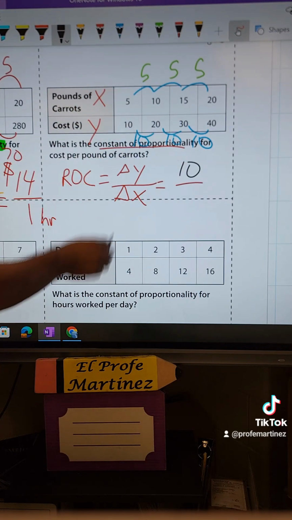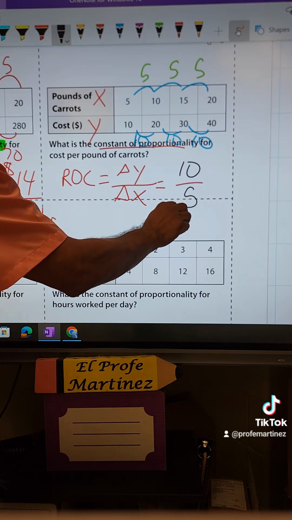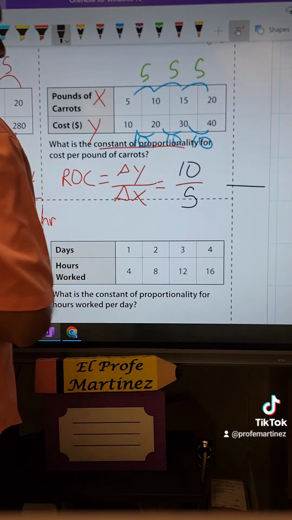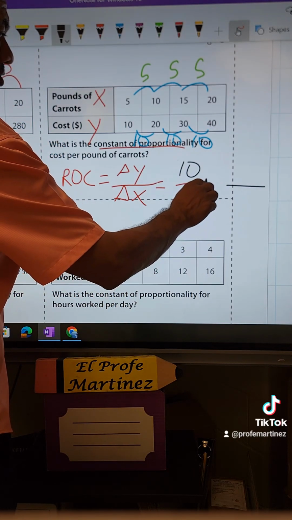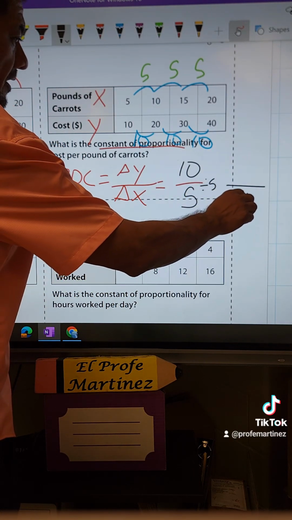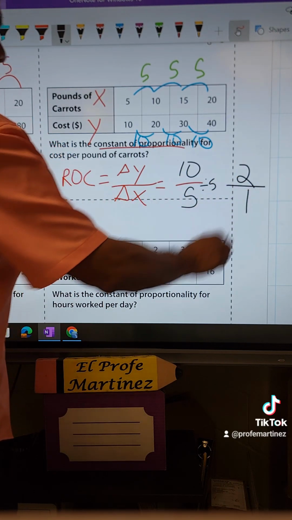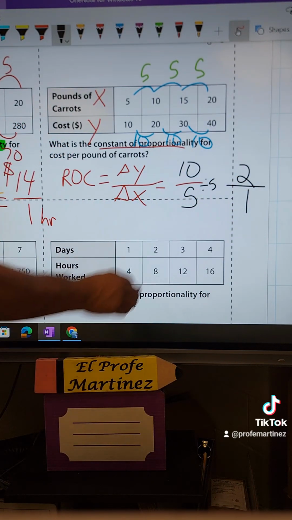At the same time, the pounds are going up by 5. Now you want to find the unit rate, or the constant. The constant would be when the denominator is 1, so we divide by 5 and get 1. Then how many 5s in 10? 2. And that's the unit rate.